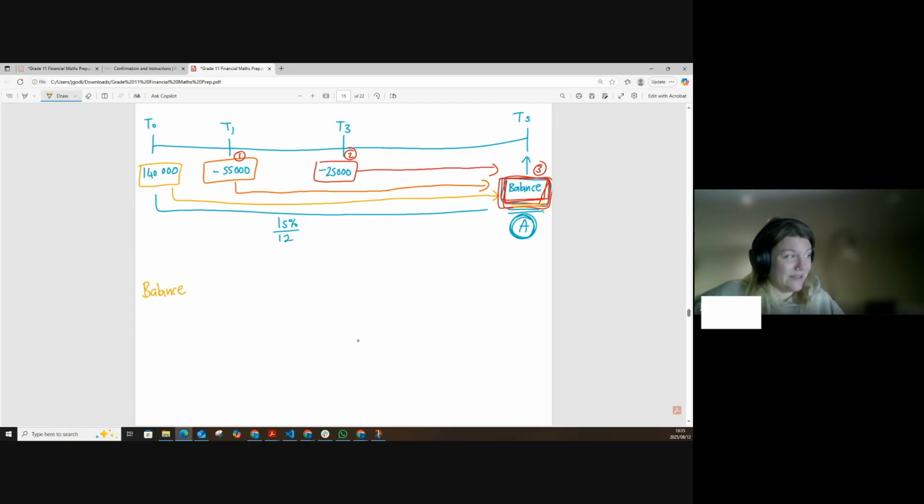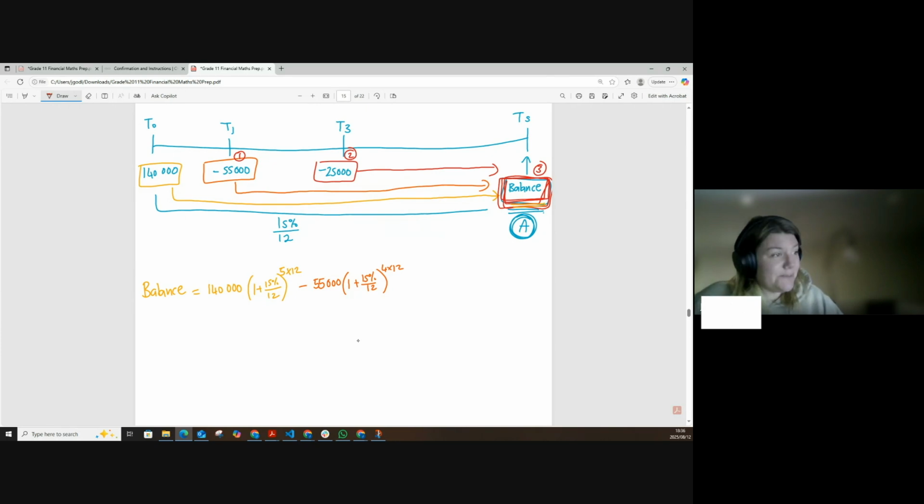That's this final amount over here, the journey of my 140,000. So my 140,000's journey is 1 plus 15% compounded monthly for 5 years times 12. Then I subtract my orange journey, my 55,000, whose journey is 1 plus 15% over 12, and it's only dealing with this for 4 years, so 4 times 12.